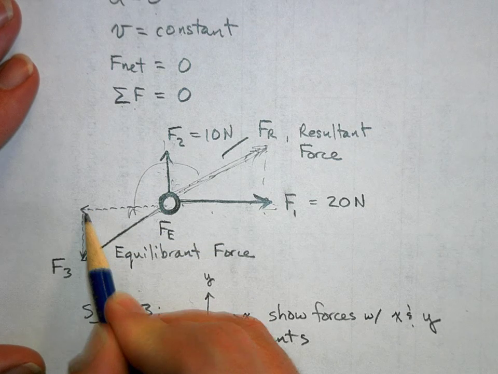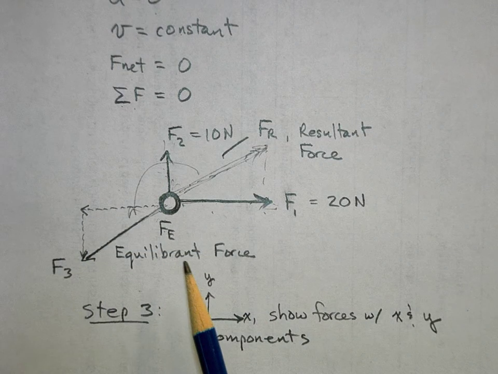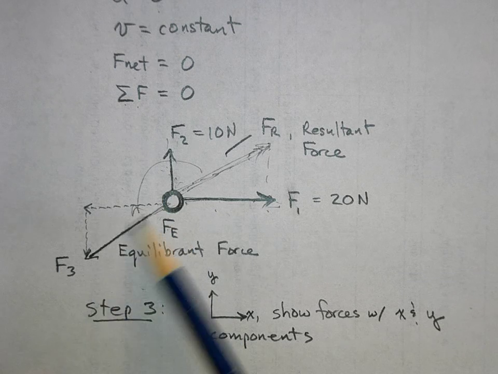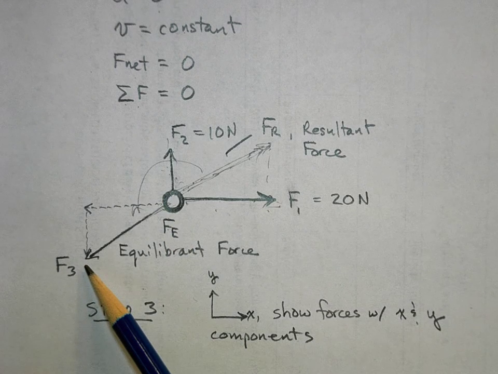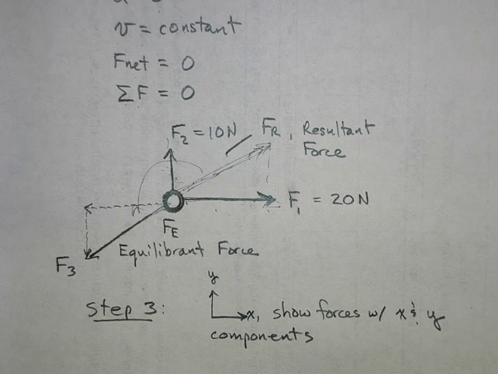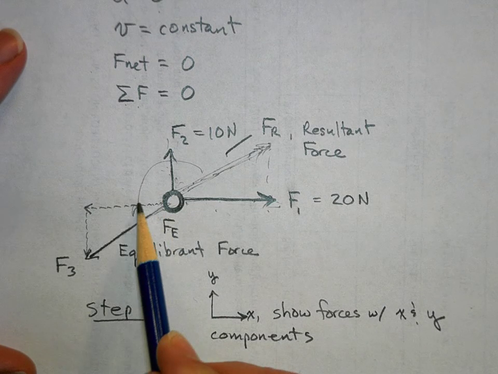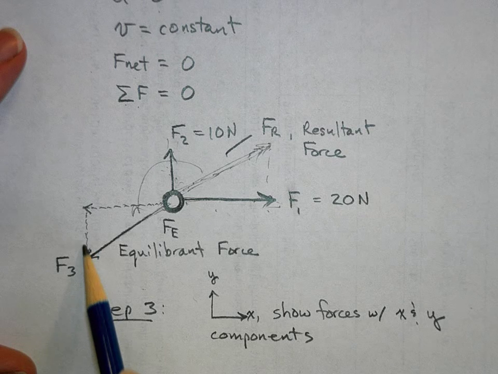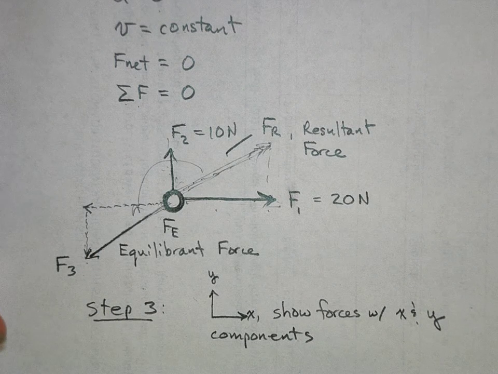Okay, so here's what I'm going to do. Here's my force on my free body diagram that is not lined up with the x and y axis. So I'm going to show its x component and its y component. We dealt with components before.